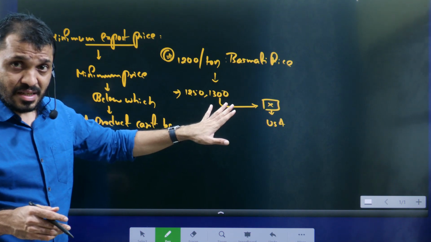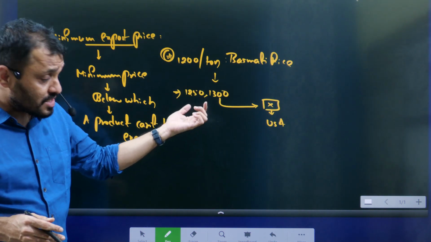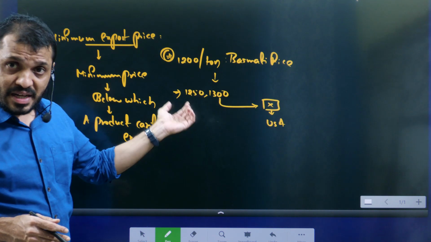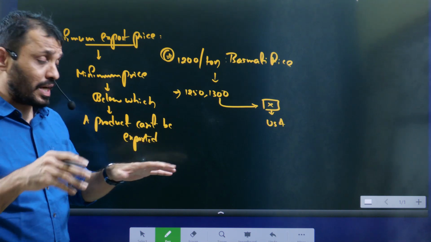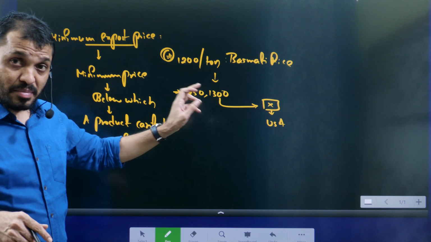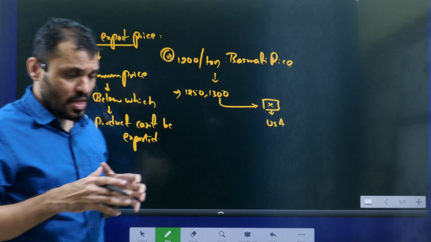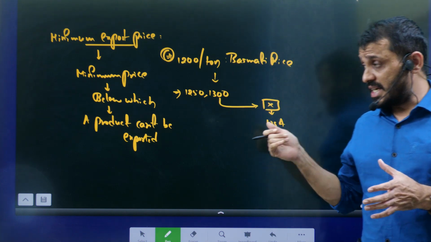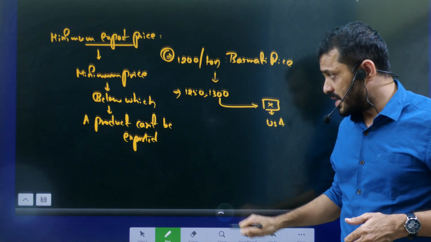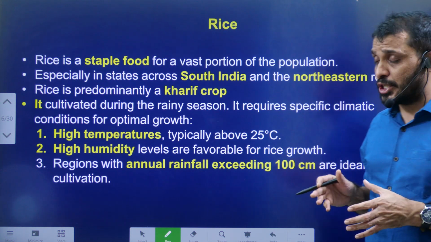Later, I will compensate with the stock. So on papers it looks like I'm exporting at 1300, but in reality I'm exporting below 1200. So this process can be misused. That is the reason some experts say it is a somewhat ineffective tool. But anyhow, this is the minimum export price and it is in news.